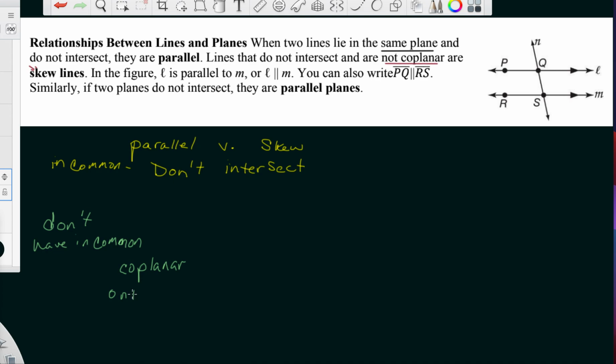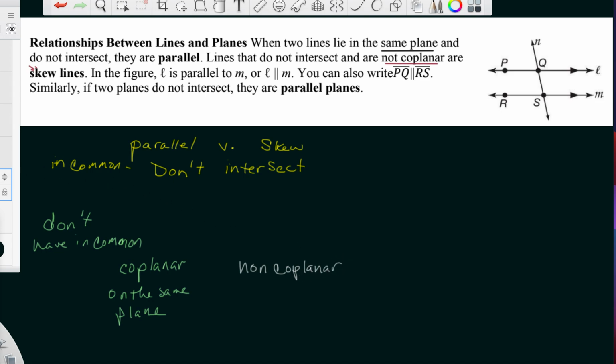On the same plane. And I'm going to show you an example of that momentarily. Whereas skew lines, sorry, other color, are non-coplanar. That's just the opposite, right?